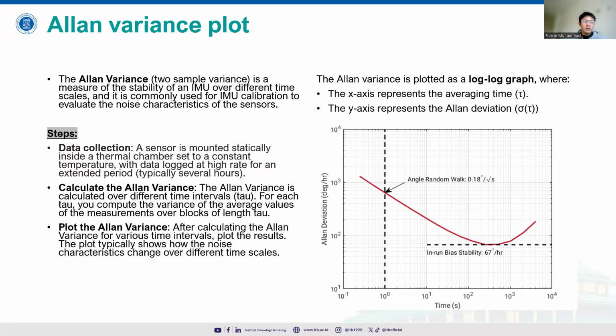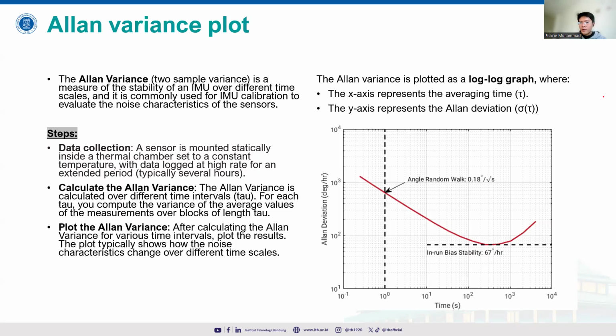The IMU has to be placed inside a thermal chamber, and the data logged at high rates for an extended period of time, for example several hours. You can see here it's almost 1,000 hours, but sometimes it's also up to 24 hours to have a longer period of time.